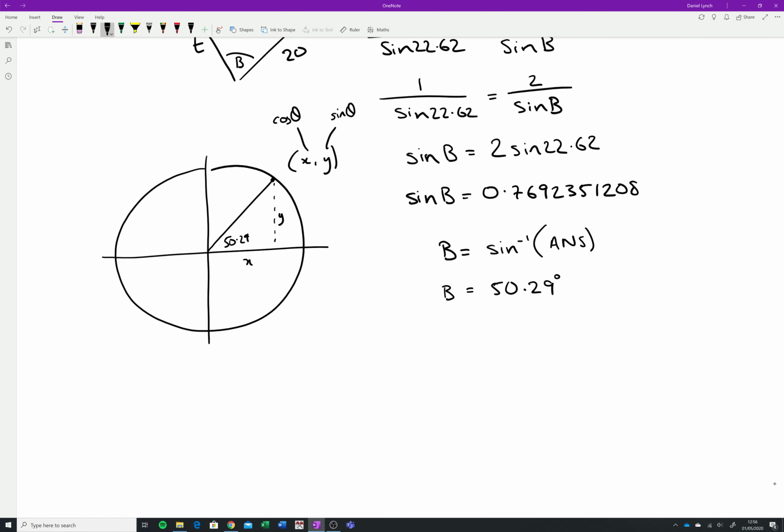So what this says is that if we go to 50.29, this is the unit circle, that's 1, 0, 0, 1, etc. The sine of 50.29 degrees would read off and give us a y value, a height value, that height there, of 0.77, I'm going to say, just because I certainly am going to fit this number in there. That angle there will give us a height of that.